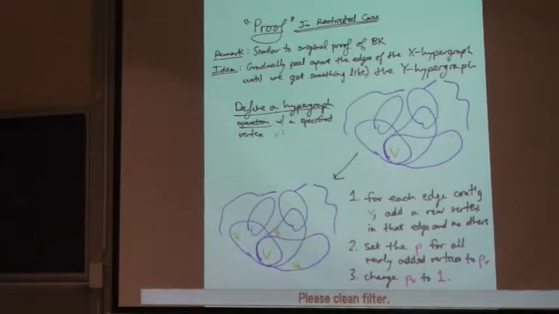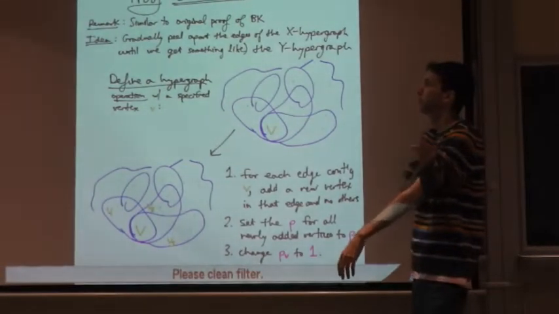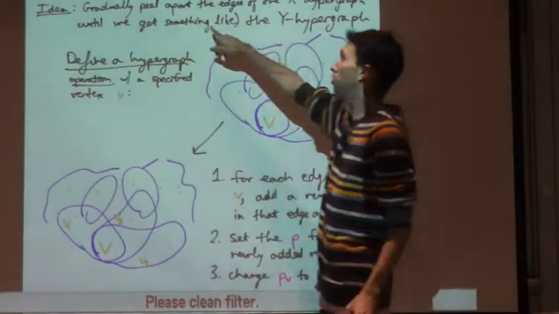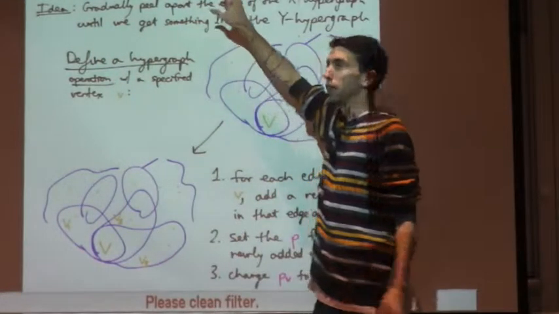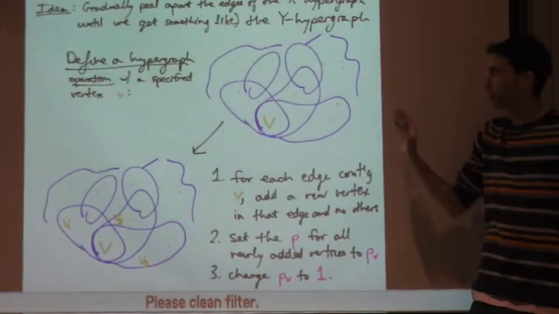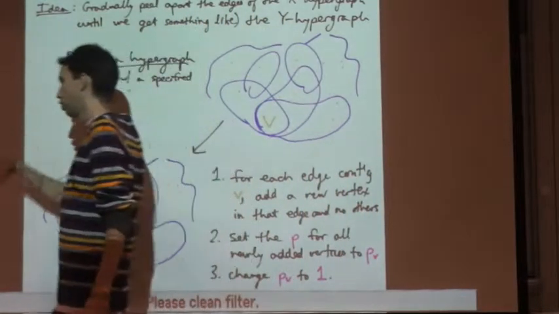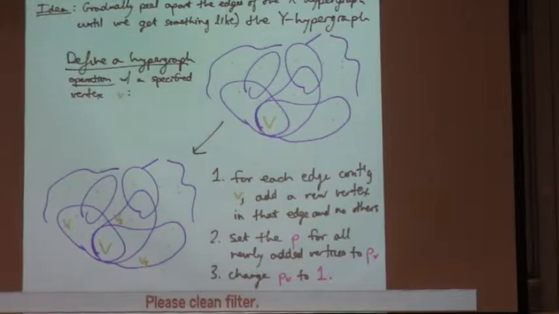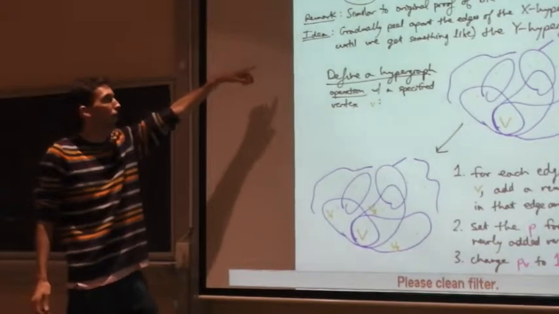Okay, so at the outset, this is similar. I should also remark that this proof is similar to the original proof of BK that was given in the 85 paper.